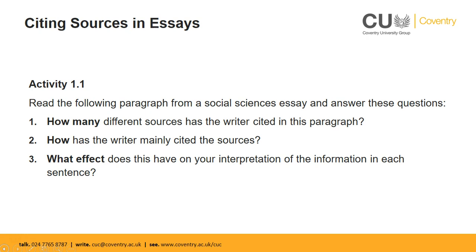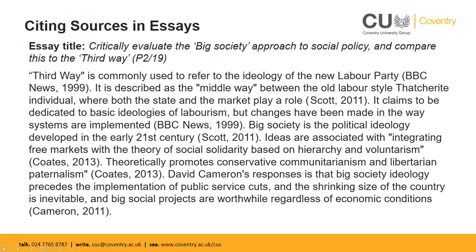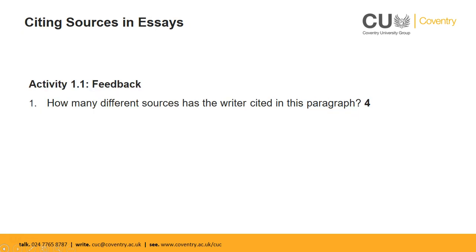And this is a little trickier: what effect does this have on your interpretation of the information in each sentence? The way they've cited it, what effect does this have on the way you interpret that information? So here's the paragraph. Pause the video here and read through. You can rewind if you want to get the questions down again.